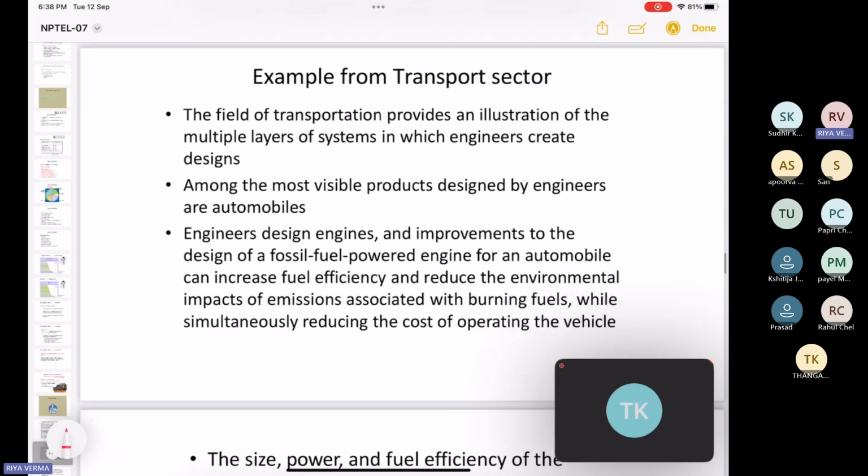It can also simultaneously reduce the cost of operating the vehicle. So this is how a sustainable design of engines can impact the user as well as the environment.